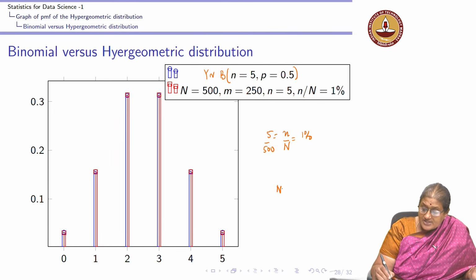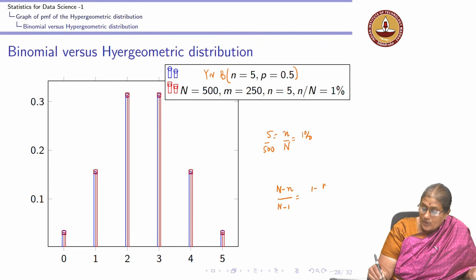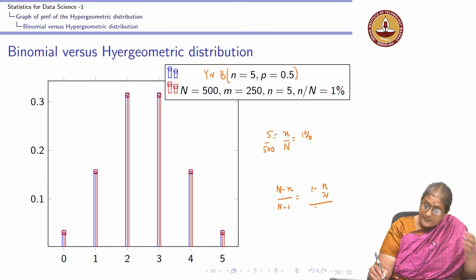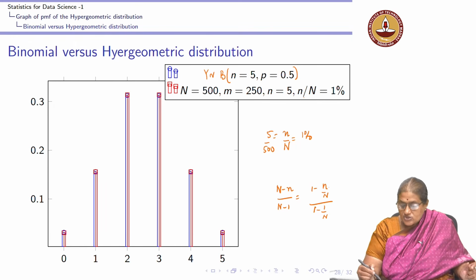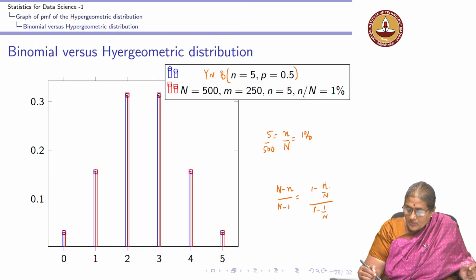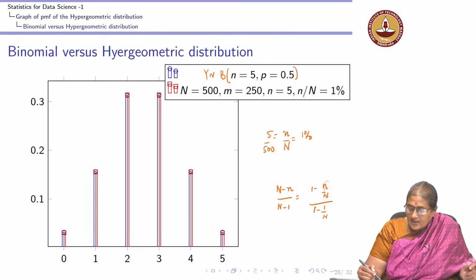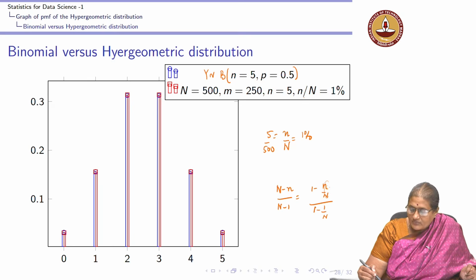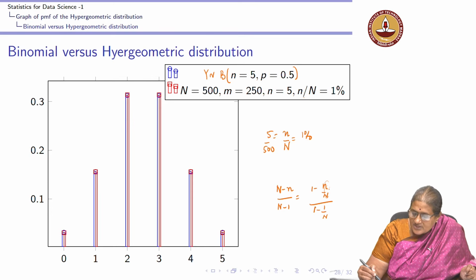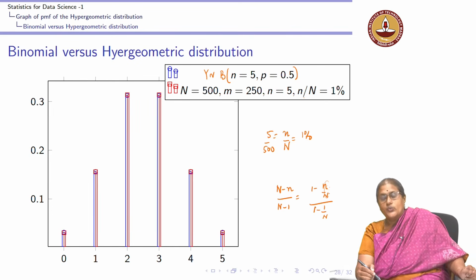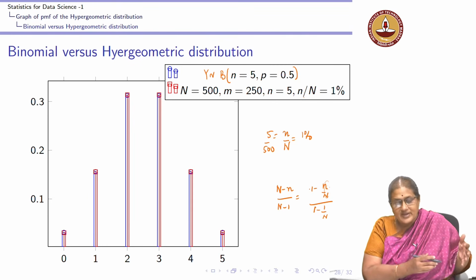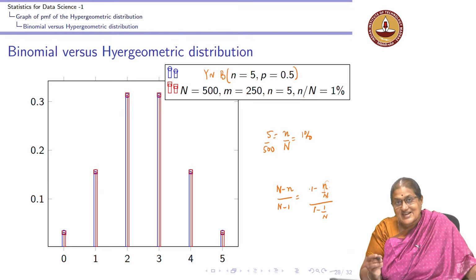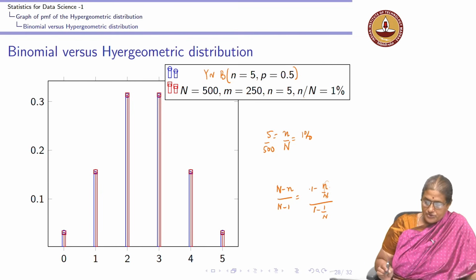So, you have this term N minus n by N minus 1, which was nothing but 1 minus n by N over 1 minus 1 by N. So, this n by N is 1%, which would just mean that this is about 0.01. So, my variance is the same as that of the binomial distribution.